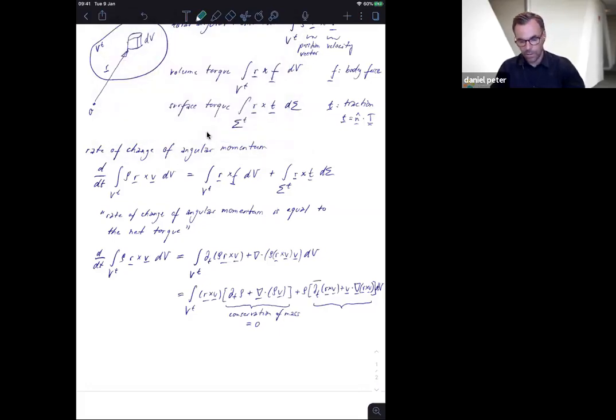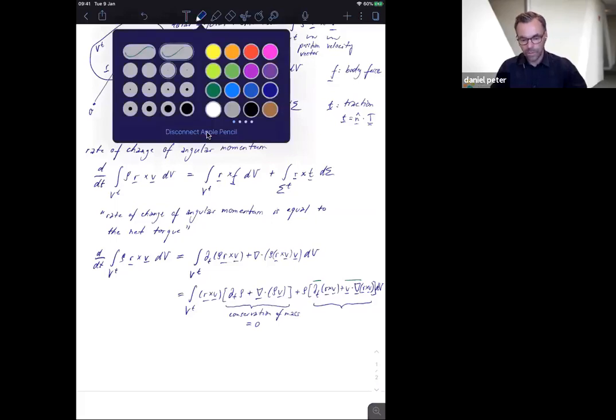Having a time derivative and then this product of v times grad of something, the quantity, that looks like the material derivative of that quantity. So what you can do is rewrite this part.